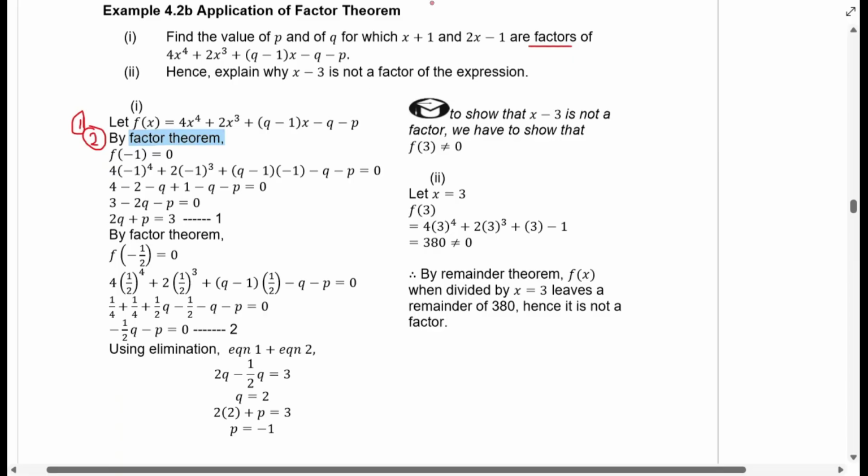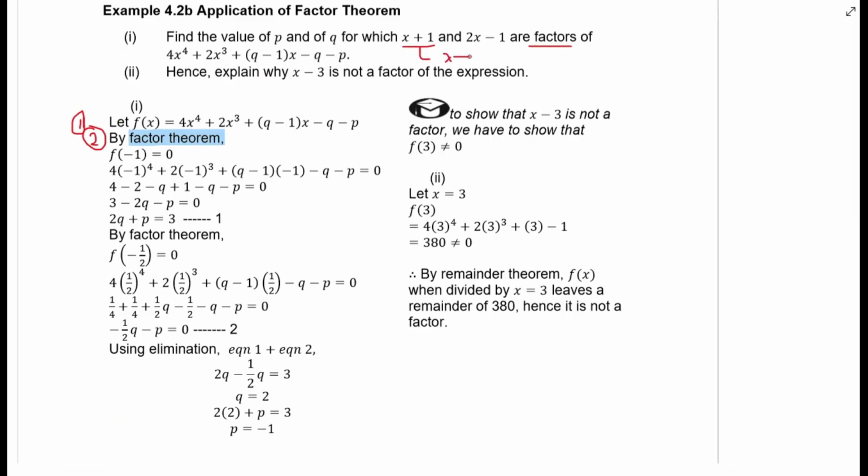Step 3, find your divisor or your factor, in this case, x plus 1, let it equal 0. And then find your x. So you shift your 1 over, you will end up with x equals -1. So now you sub x equals -1 into your f(x). That's why you will end up with f(-1).